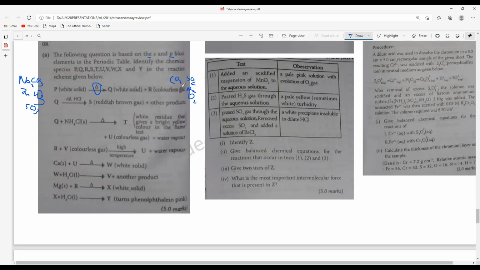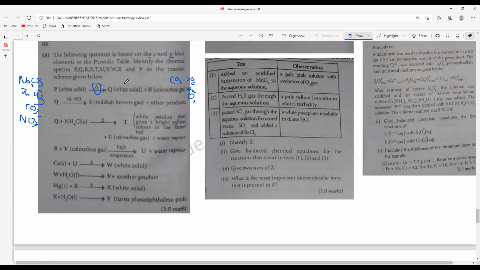If it is N2, it can be a white solid like magnesium nitride, maybe. And if it is oxygen, it can be nitrates maybe of group 1, not group 2, because nitrate of group 1 will give nitrite and O2.